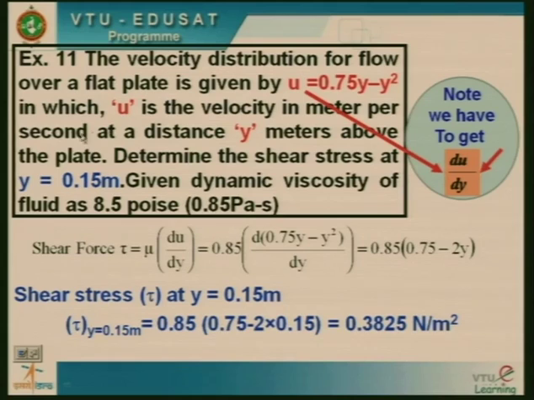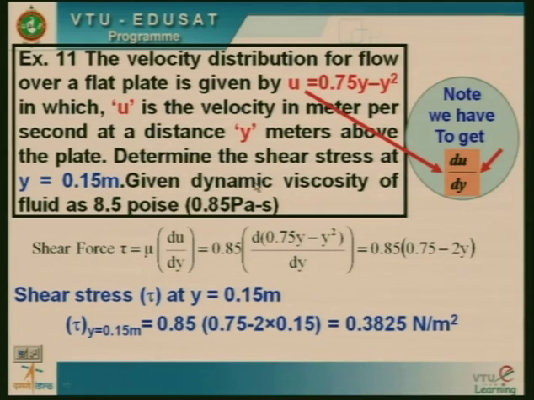Continue. In which u is the velocity in meters per second and distance y in meters above the plate. Determine the shear stress at y is equal to 0.15. He is asking you to calculate the shear stress at a distance of 0.15 meter.